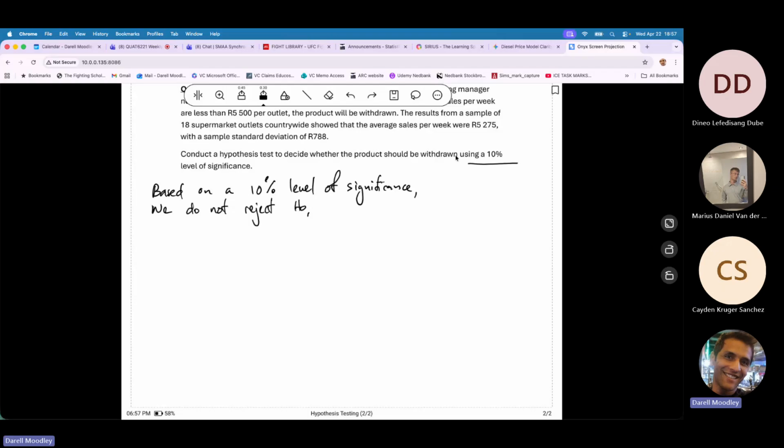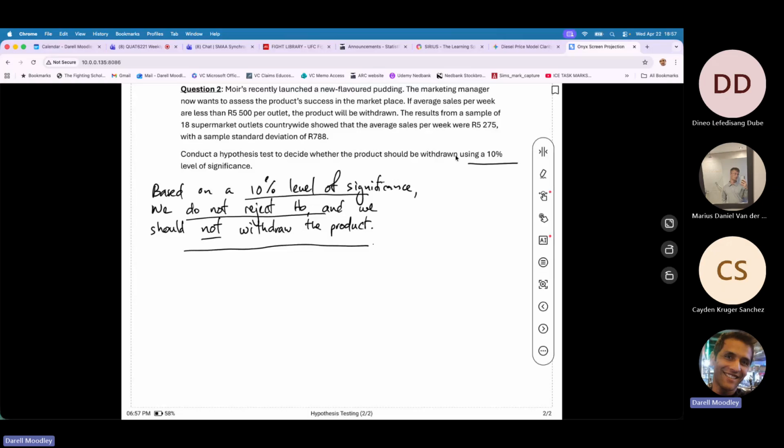And because of that, we should not withdraw the product. So you've mentioned your level of significance, you mentioned whether you accepted or rejected H naught, and you made a comment about the problem you're dealing with. In this case, we are talking about whether to keep a product or to pull it or withdraw it.